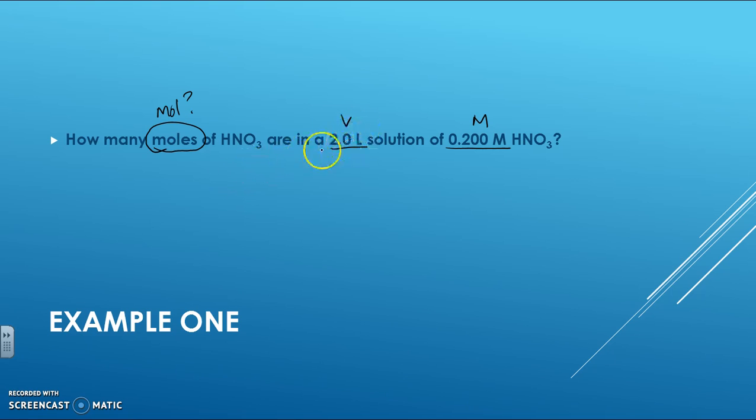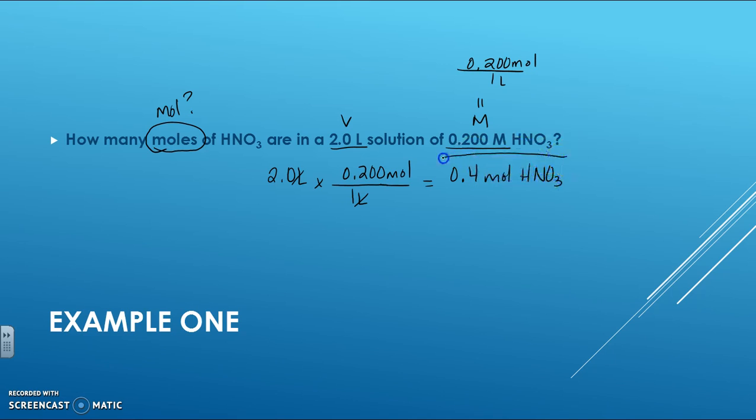Well, we start with this number here, 2.0 liters, and we know that this can be written as 0.200 moles per 1 liter. So we put 1 liter on bottom and 0.200 moles on top. And we solve. The liters cancel, and we're left with 2 times 0.2, which gives us 0.4 moles of HNO3.